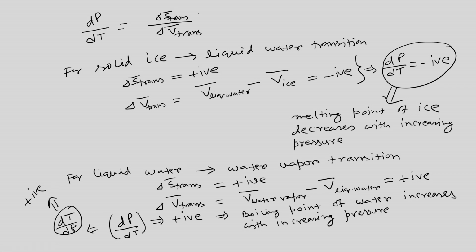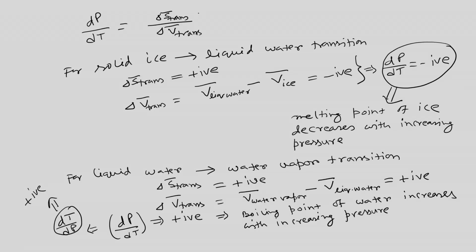So, we have seen that if we consider the solid ice to liquid water transition, delta S transition is positive and delta V transition is negative. So, it gives that dP/dT is negative, right. dP/dT negative means dT/dP is also negative, which suggests that the melting point of ice decreases with increasing pressure.